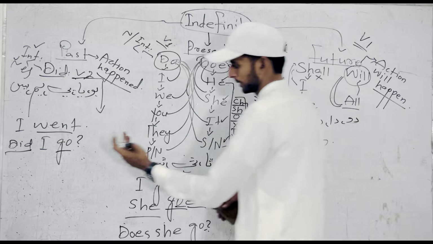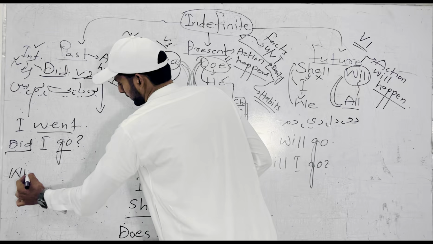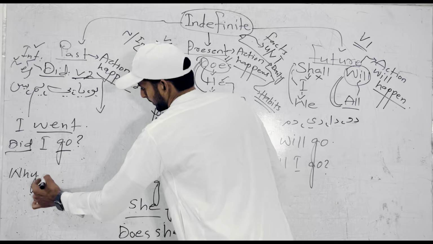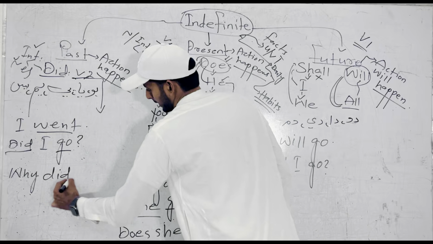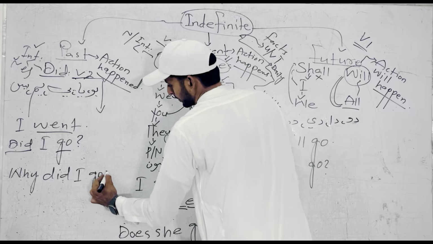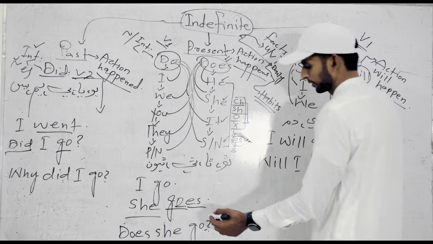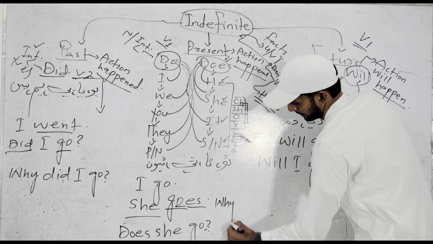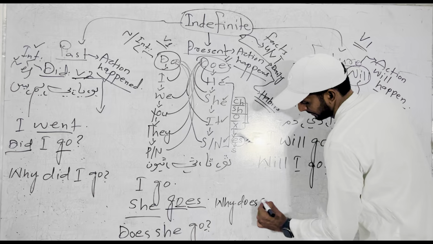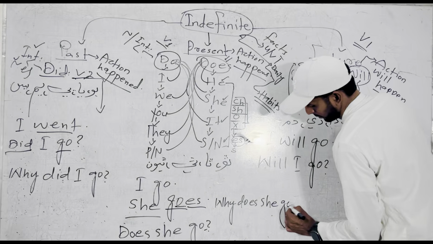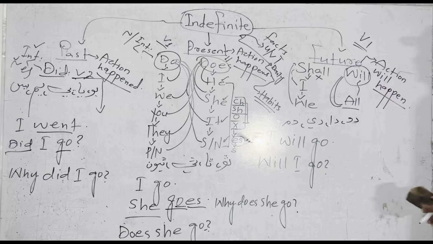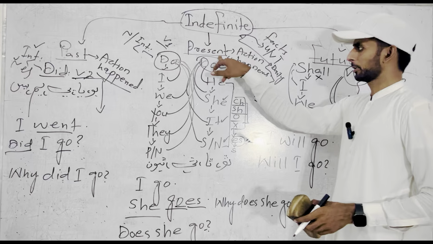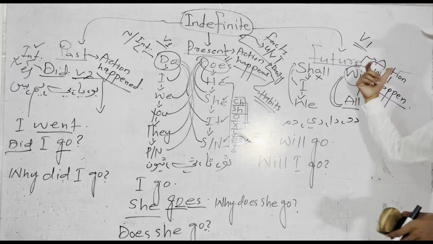If we make a real interrogative sentence, then we will make it like this: why did I go? Does she go? Why does she go? So likewise, we can make sentences on present indefinite tense, past indefinite tense, and future indefinite tense.